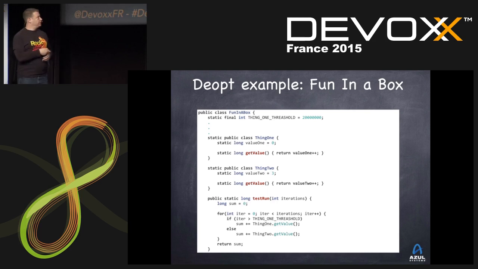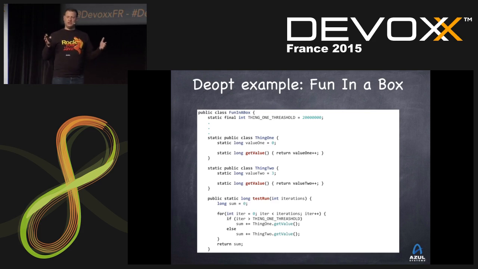And then we have this loop down here that until we reach a threshold calls thing2, but after we reach a threshold calls thing1. So thing2 will be warm first for the first 20 million calls, and then we'll start calling thing1. Okay?